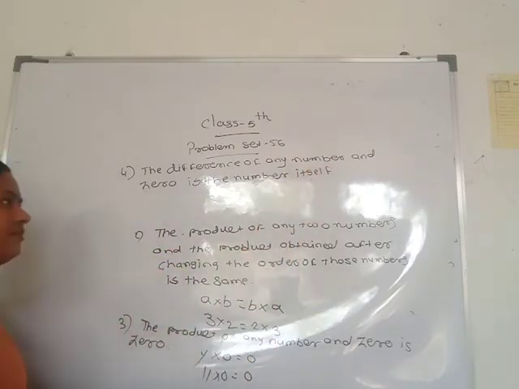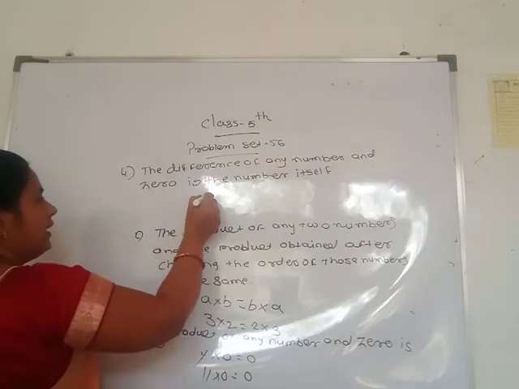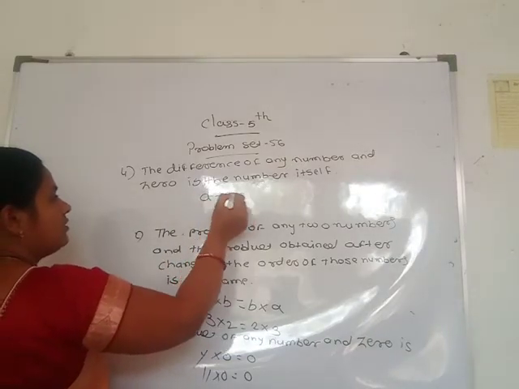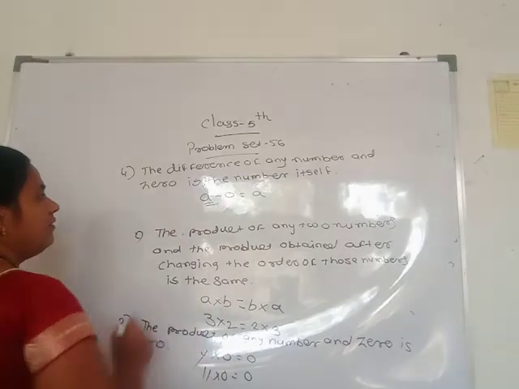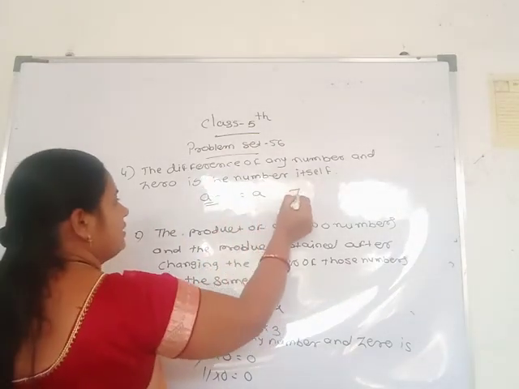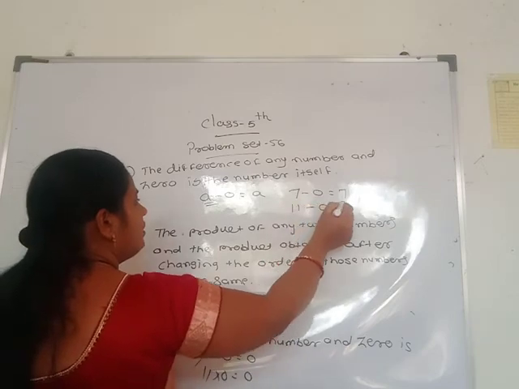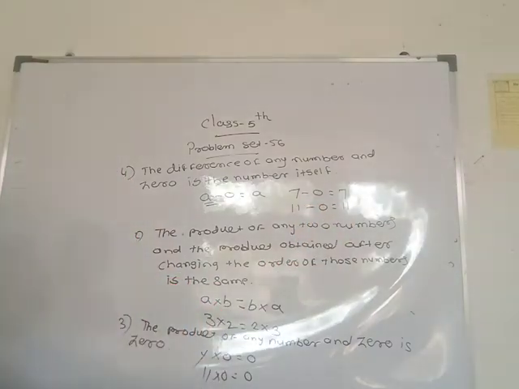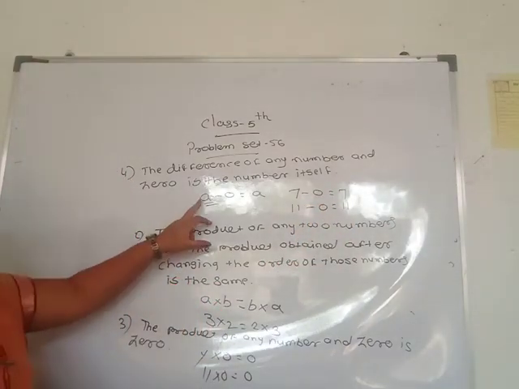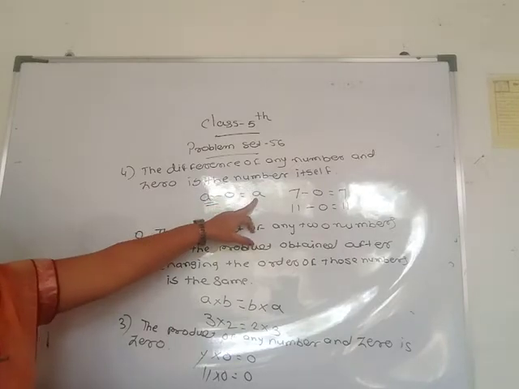Suppose you take any number a. A minus 0 is equal to the answer, only the number itself, a. Example: 7 minus 0 is equal to 7. 11 minus 0 is equal to 11. Means the difference of any number and 0 is the number itself.